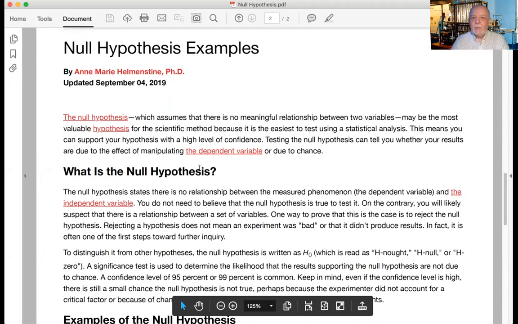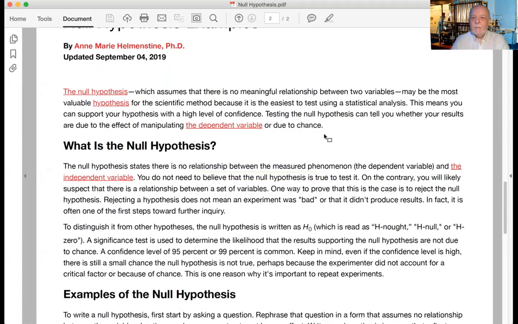Let's just talk a little bit about this, just so you've got this a bit clearer in your head. A null hypothesis, which assumes that there is no meaningful relationship between two variables, may be the most valuable hypothesis for scientific methods, because it is easiest to test using statistical analysis.